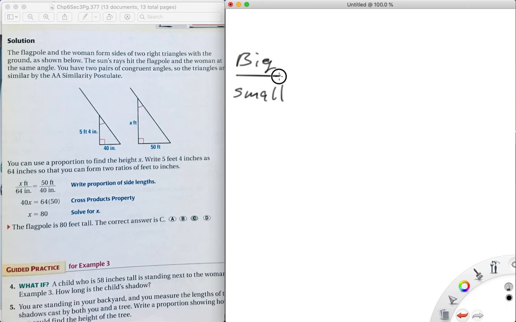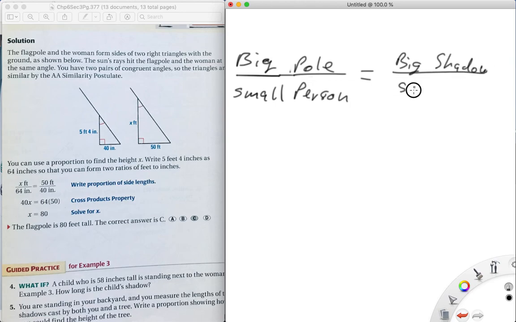Actually, it's big pole, small person, is proportional to big shadow, small shadow.